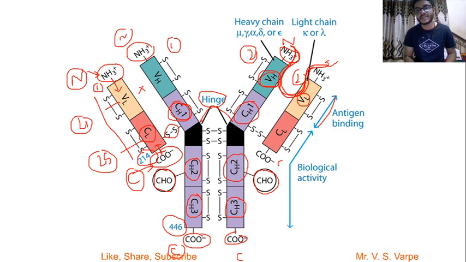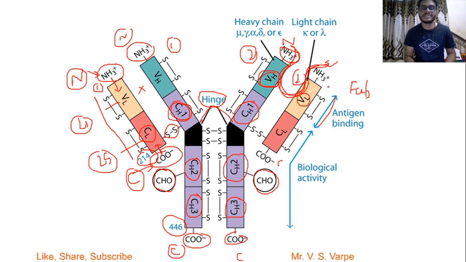This antigen binding site is also called the Fab region. Fab, F A B, and in this Fab region the antigens come and bind.